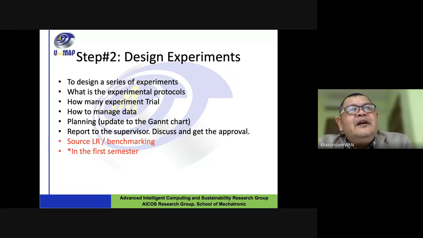Which trial count is good, is optimal? This one also we already decide in the hypothesis. It comes from the literature reading.